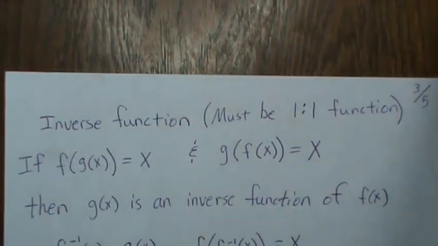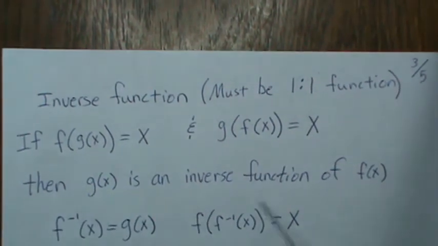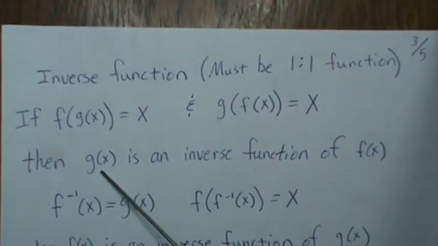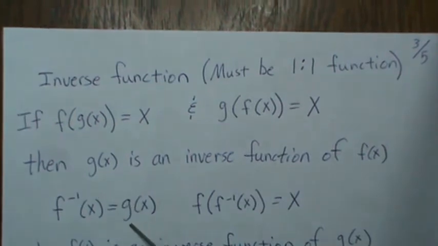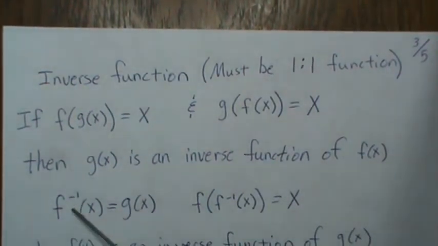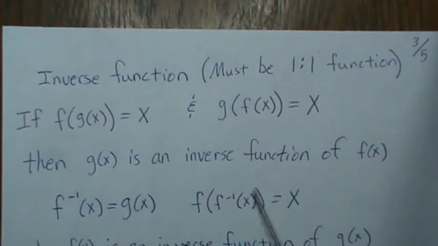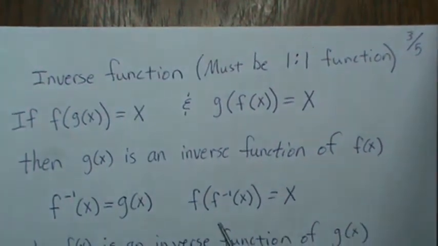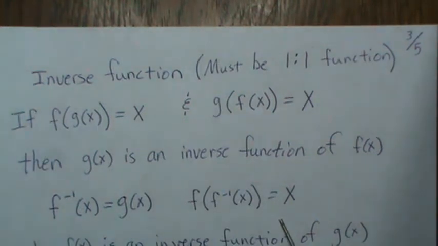That's the definition of an inverse. A lot of times, instead of just calling it g of x, we call it f inverse of x. And so f of f inverse of x is equal to x. That's by definition, has to be. If this doesn't hold, then it's not an inverse function.